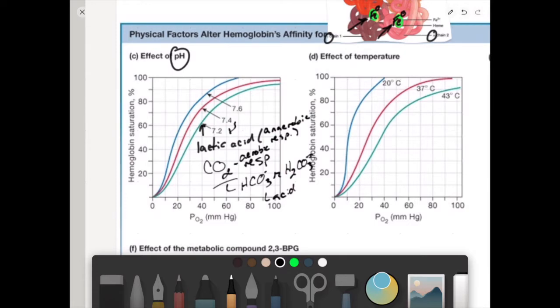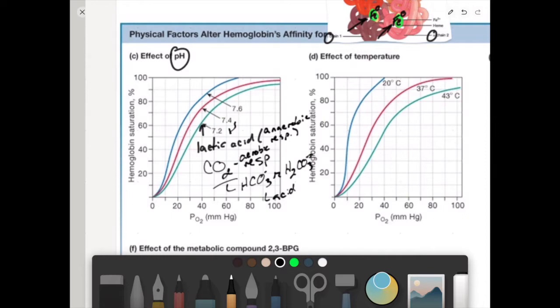And what that's going to do is cause hemoglobin to lose its affinity for oxygen. So at muscles that are doing a lot of work, hemoglobin is going to hang on to oxygen with much less tenacity.